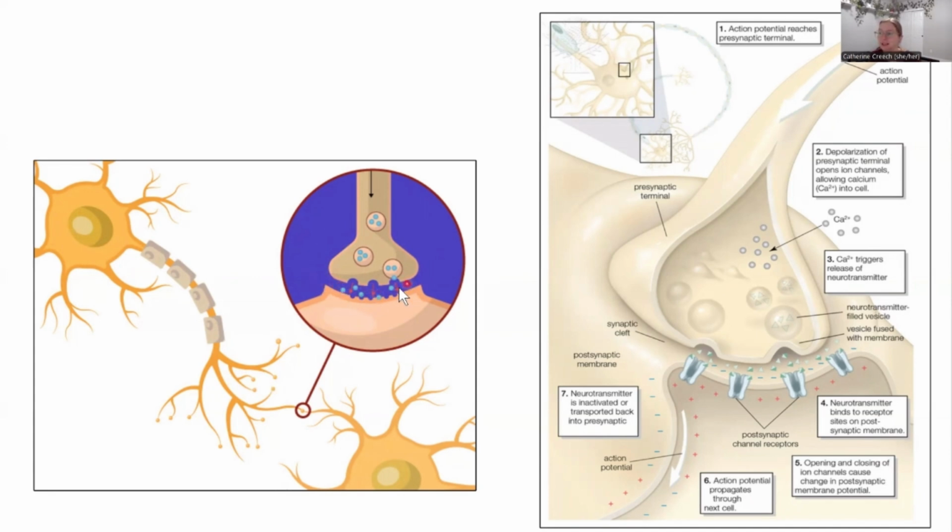In this space, those messengers will then go to the body of the dendrite right here, and it will receive it as a signal.